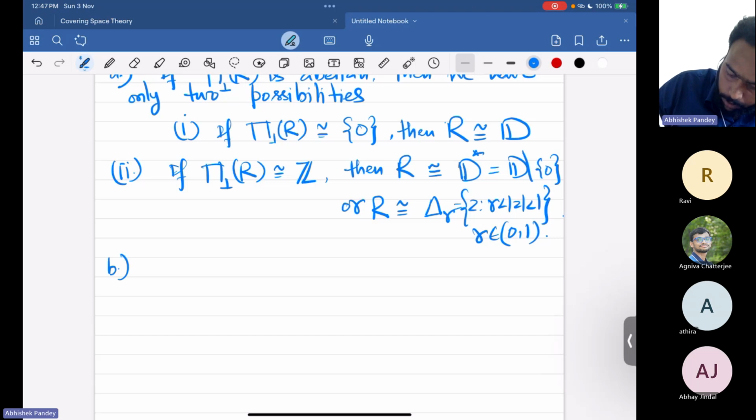B is, so in this case, it can be non-abelian. So with that one, we'll get the compact Riemann surfaces.